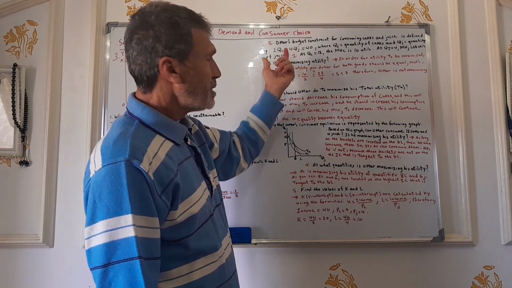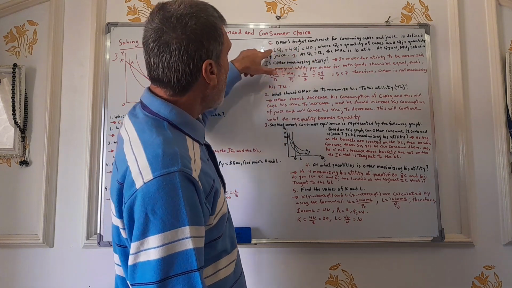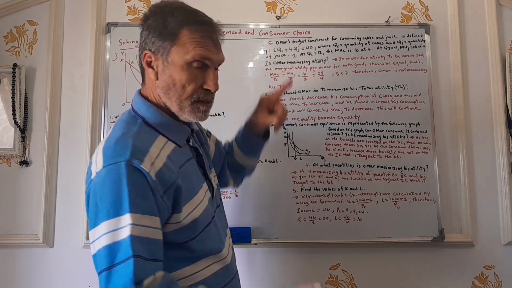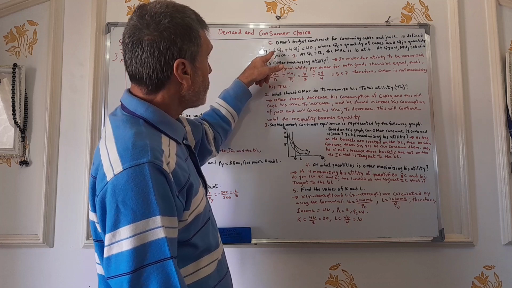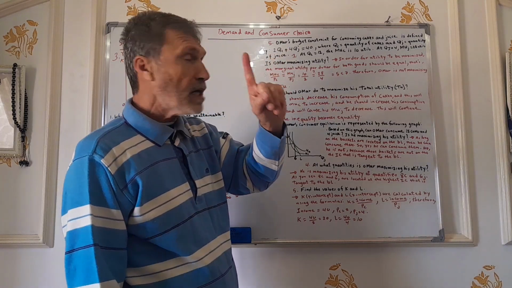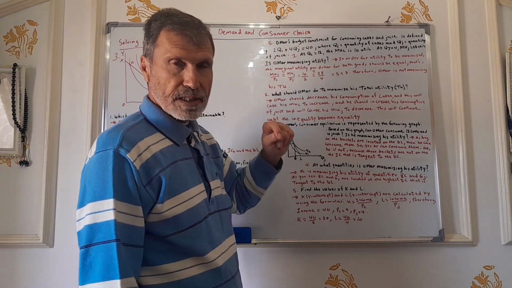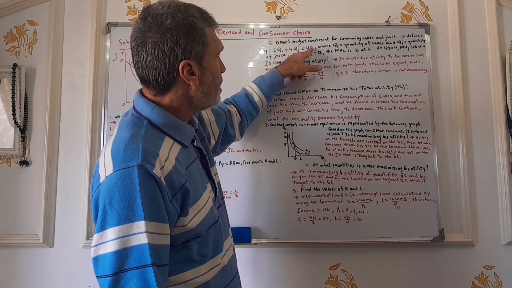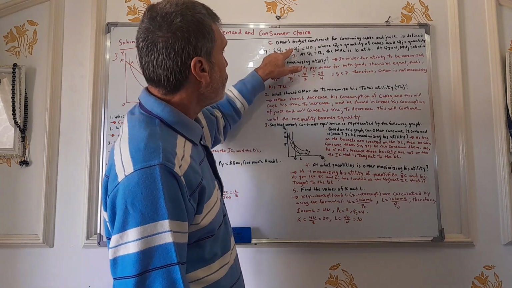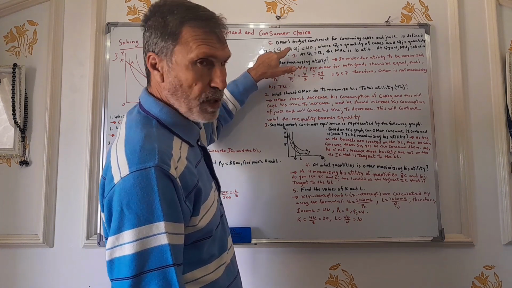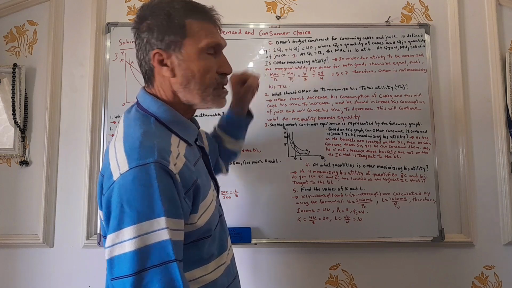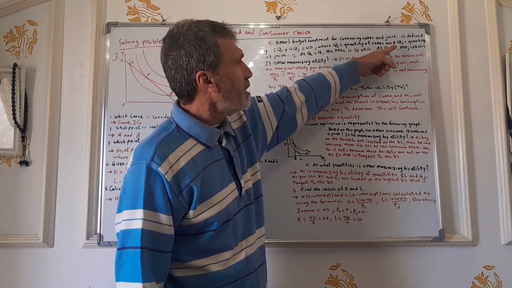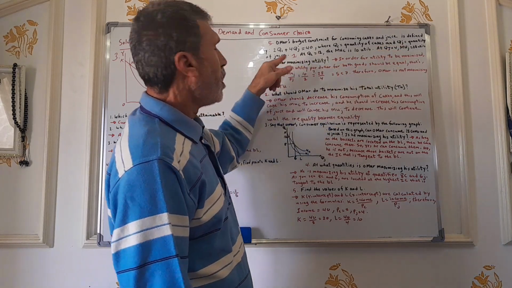The way the equation is written indicates that the price of cake is $2, the price of juice is $4, and the income is 40, where QC is the quantity of cakes and QJ is the quantity of juice.